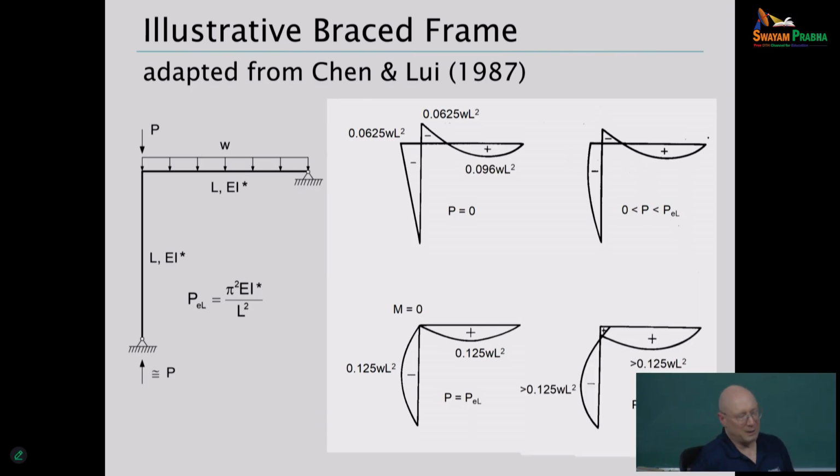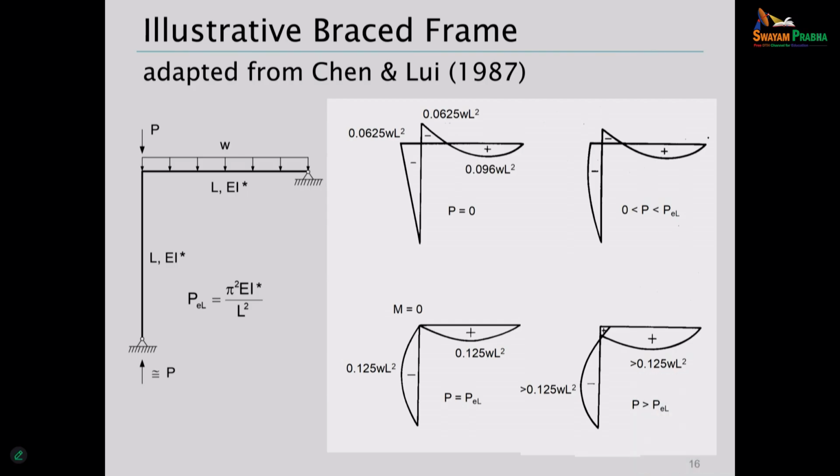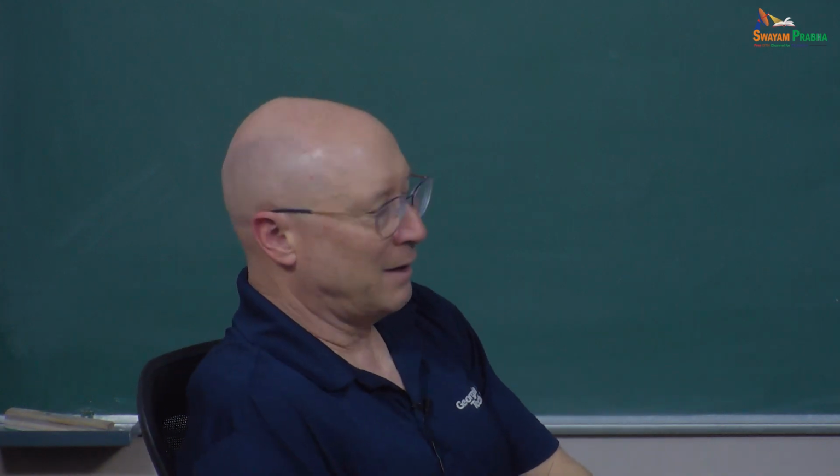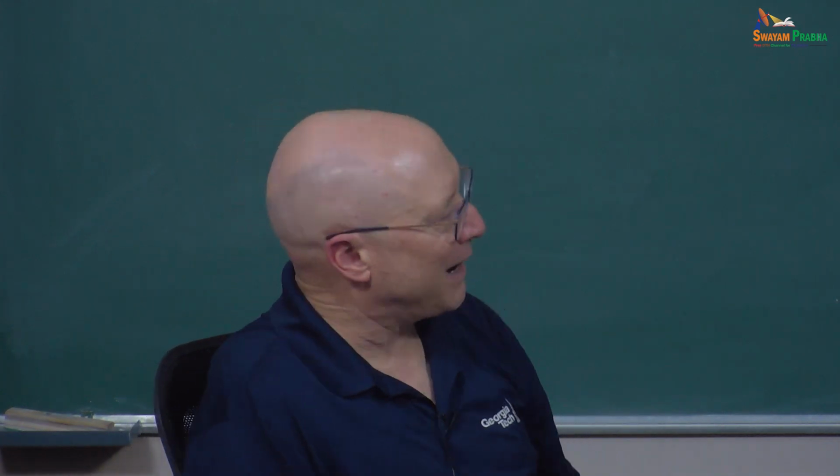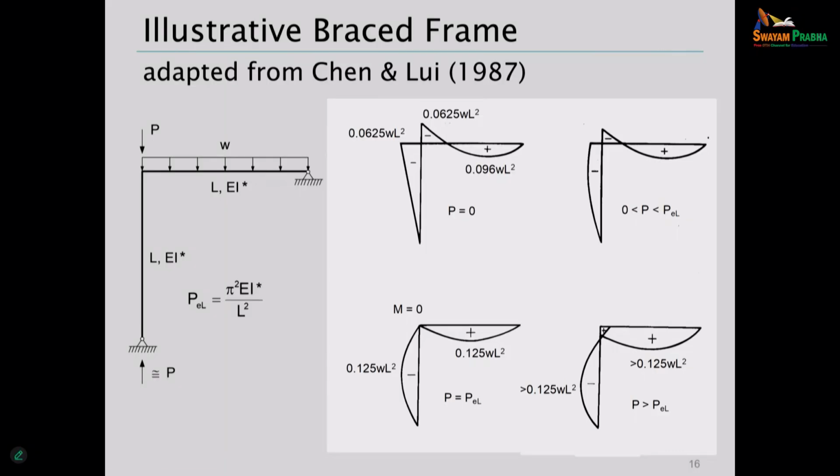And if you have a design where you have said, oh, this column can be designed based on an effective length factor less than 1, that means P could be larger than P_EL. And so we even have a positive moment at the knee, and the moment within the length of the beam is even larger than the simple span moment.